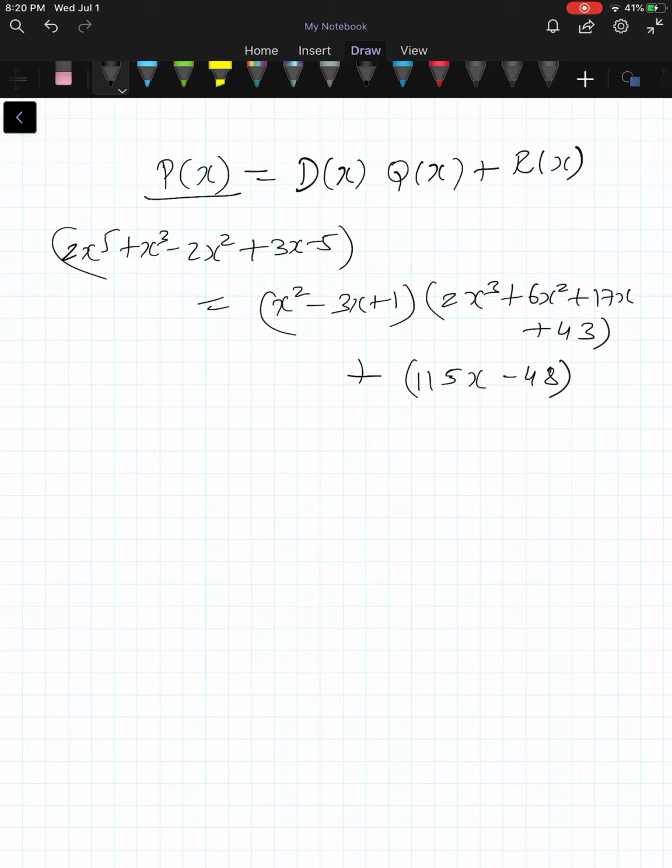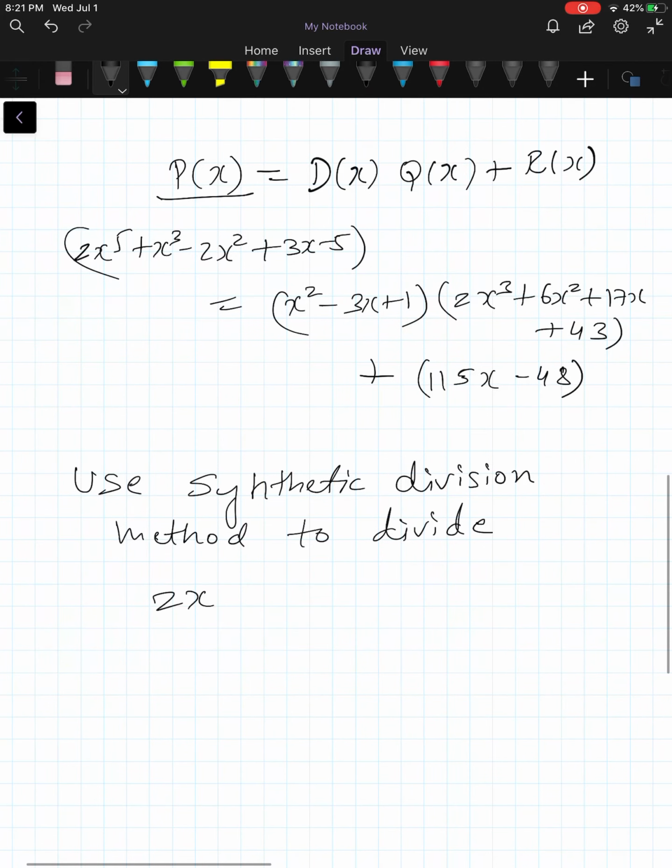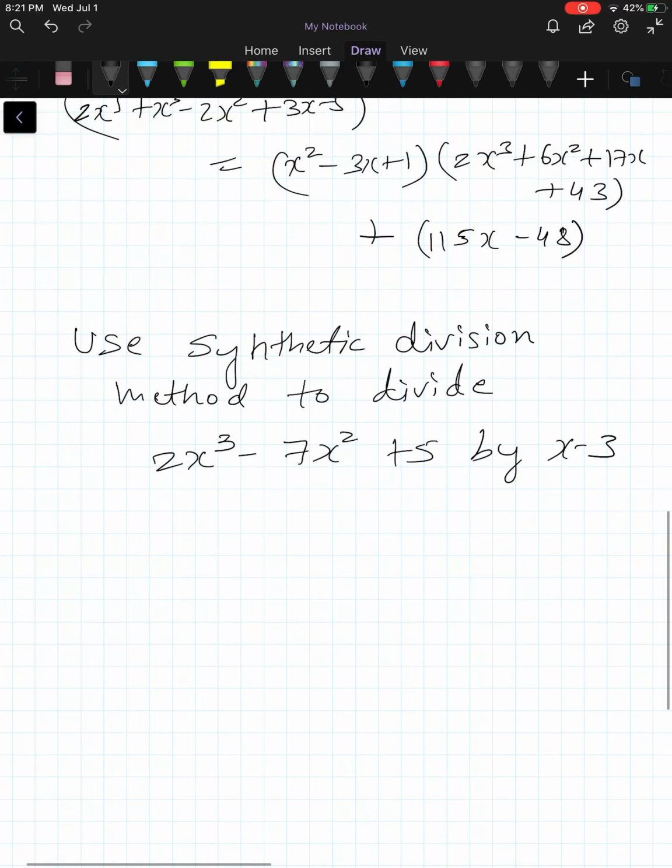So suppose you are asked to use the synthetic division method to divide 2x cube minus 7x square plus 5 by x minus 3.